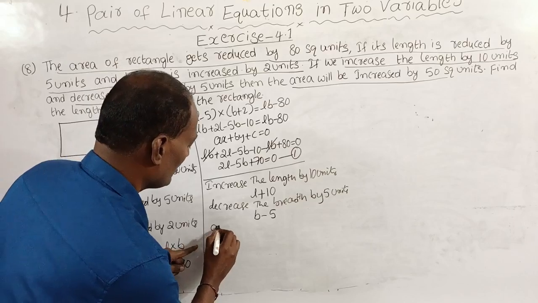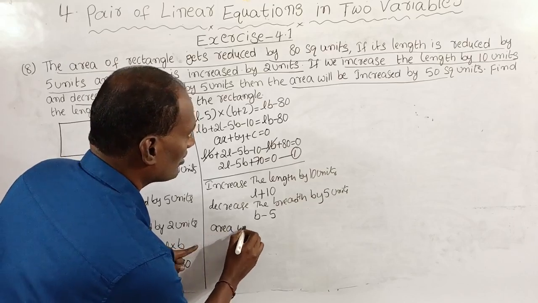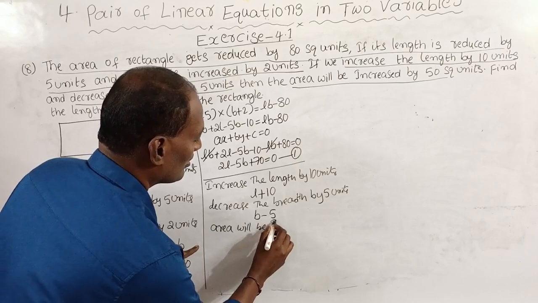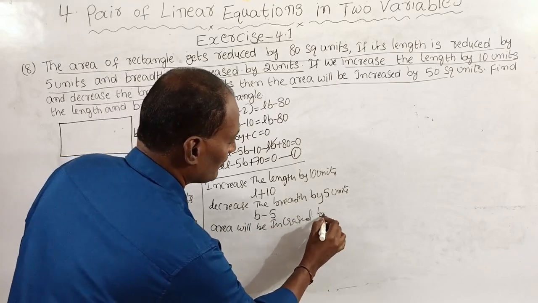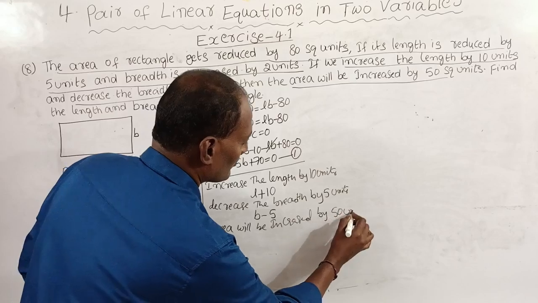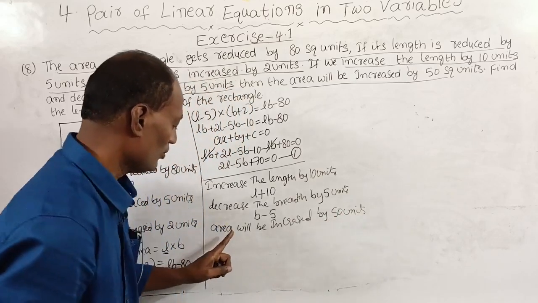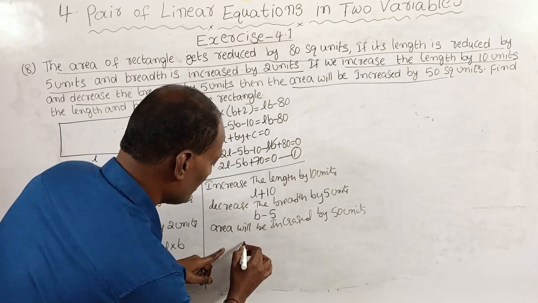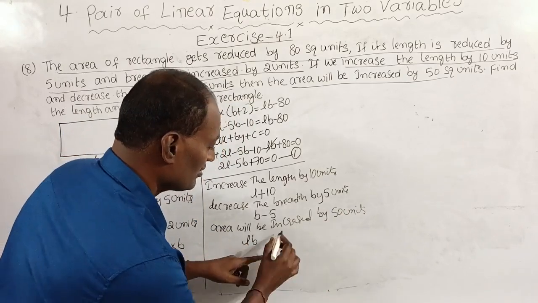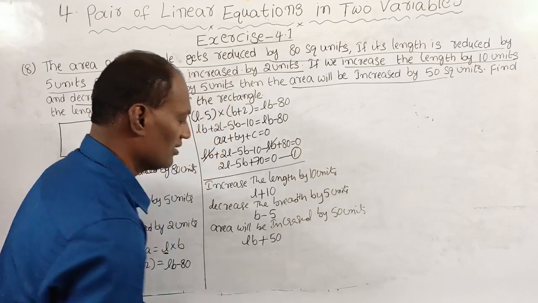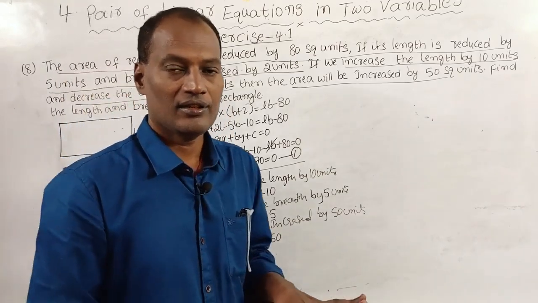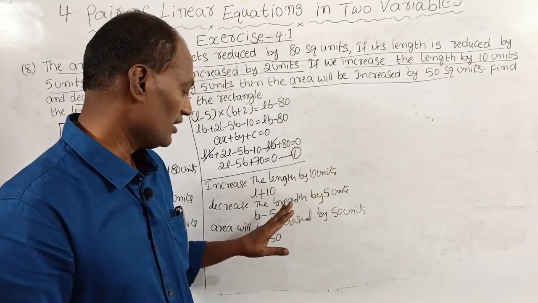Area will be increased by 50 units. See here, what is the area of a rectangle? LB, length into breadth. Increased, plus 50 units. Now see, make it in the form of area.